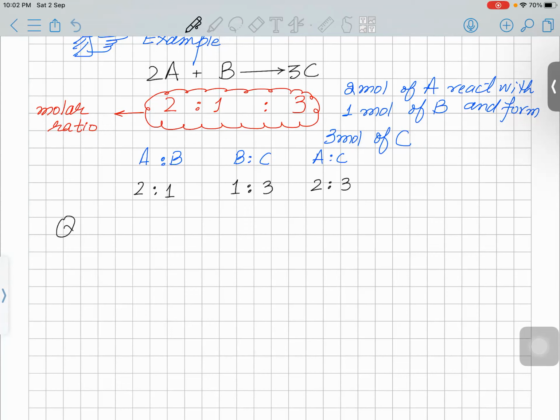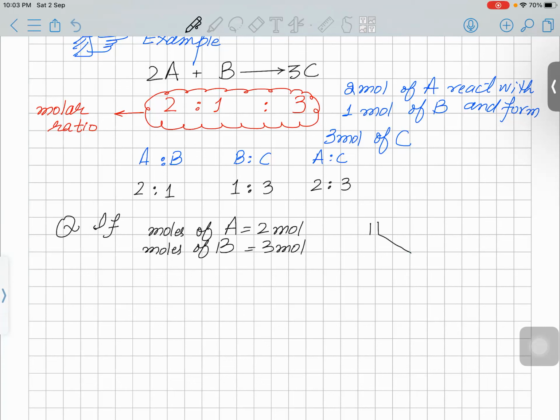Now, question. If moles of A is equal to 2 moles, moles of B is equal to 3 moles.